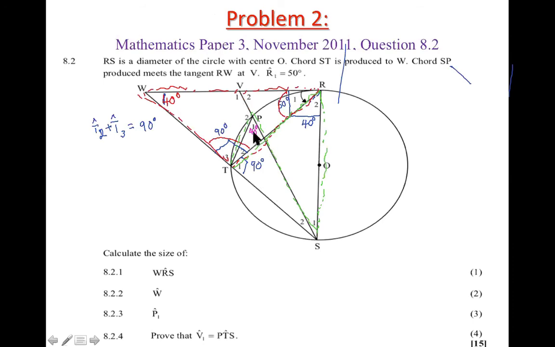So 40 plus 140 gives us 180 degrees. So this angle P2 is 140 degrees. Excellent. We're finding a lot now. Now, guys, look at what is going to happen. Are you ready, guys?